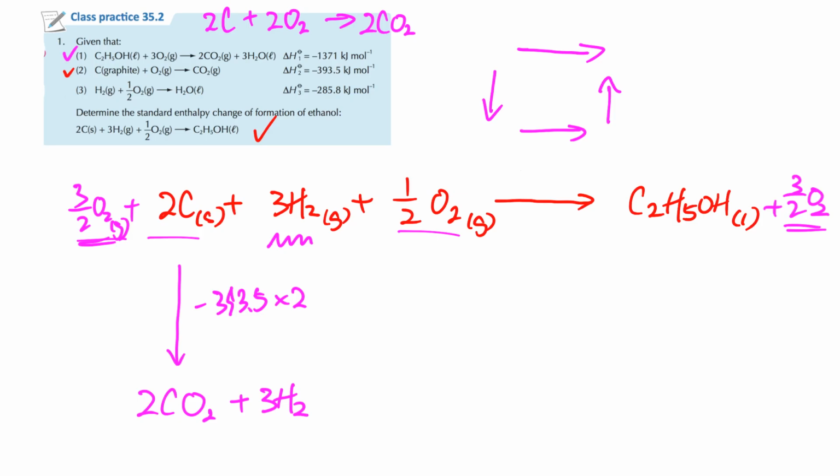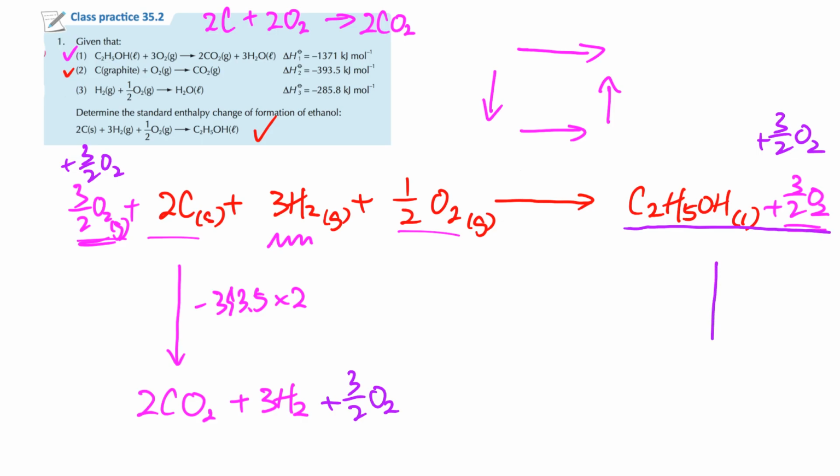So for the first equation, you find that with ethanol, you need 3 oxygen here, but we just have 1.5 here, so therefore you have to add another 1.5. So in this case, I'm going to add 1.5 oxygen. Remember, add 1, add all. So you have to add 1.5 here, and you have to add 1.5 here. Now you have 3 oxygen and 1 ethanol.